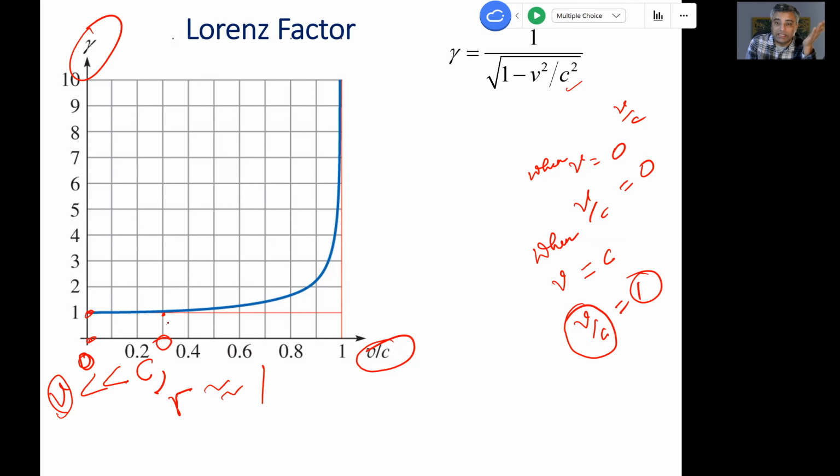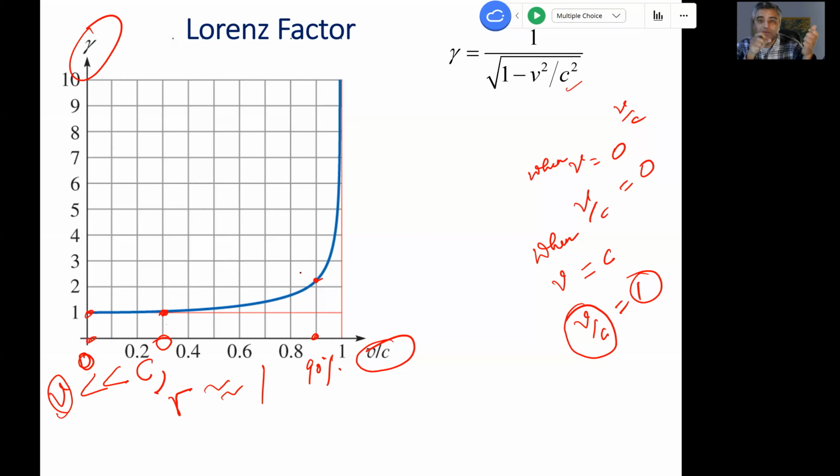So as the speed of the object becomes like 25% of the speed of light, according to this graph, the value of gamma starts increasing. And by the time it becomes 90%, right? 0.9 means 90% of the speed of light. What happens? The value of gamma becomes more than double.